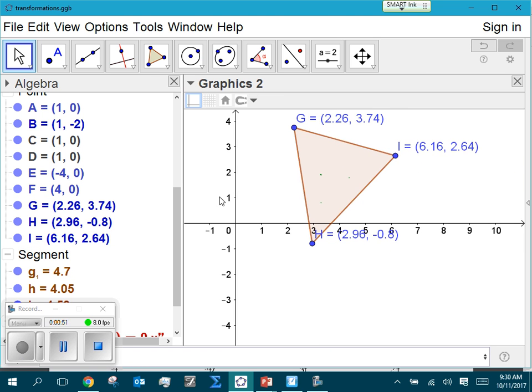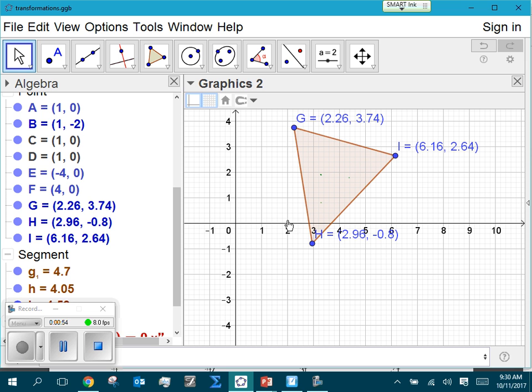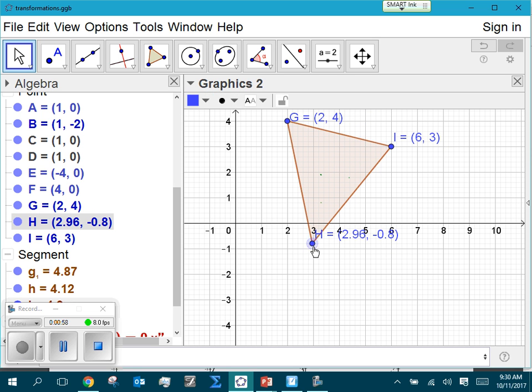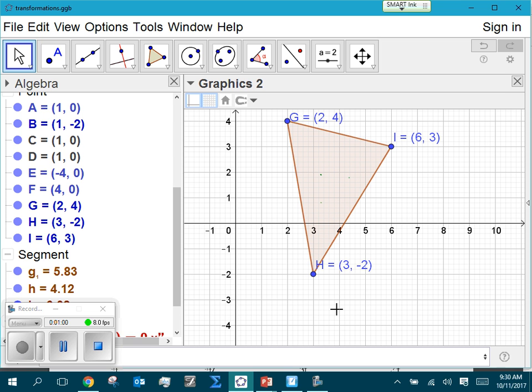All right, so I give you every one of those ordered pairs, and let me actually snap those to integers. And I say, okay, take that image and slide it to the right 3 units and slide it down 2 units. You remember doing that? Okay.